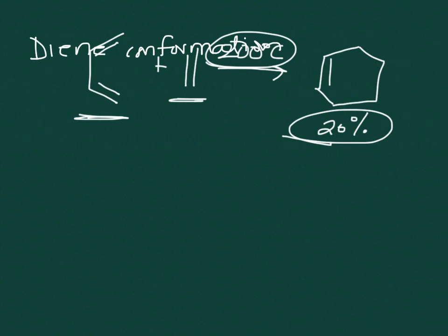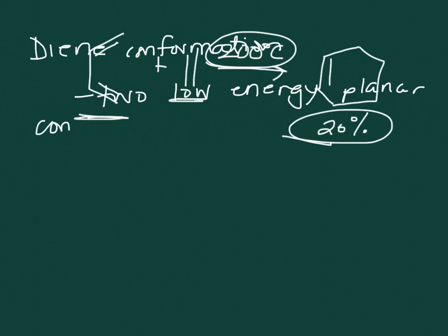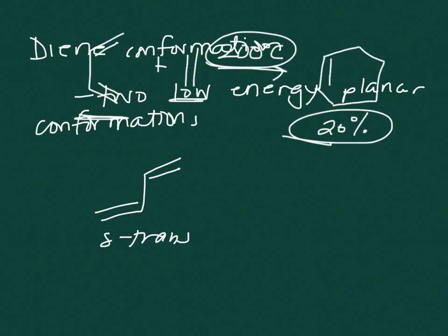Alright, when we have conjugated dienes, they have 2 low energy planar conformations. We can either have the S-trans conformation or the S-cis conformation.